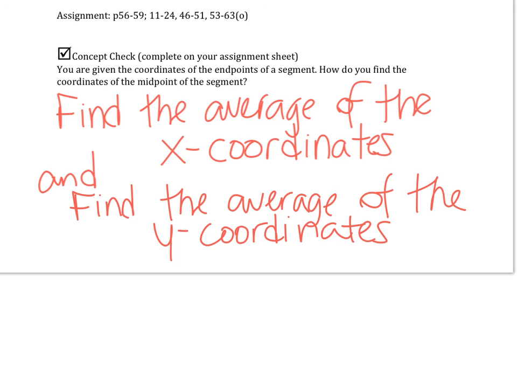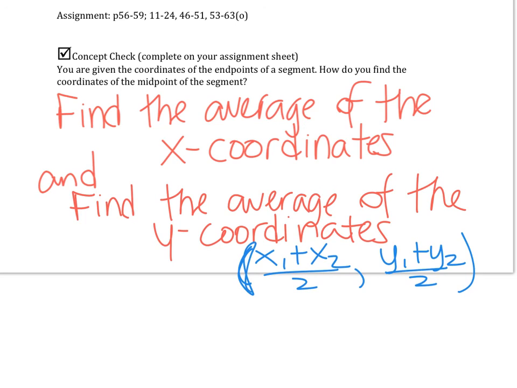So that formula looks like (x1 plus x2 over 2, y1 plus y2 over 2), and it is an ordered pair. So you need to make sure you write it in ordered pair form.